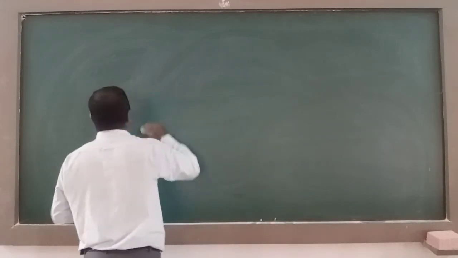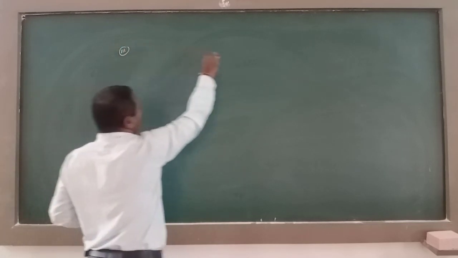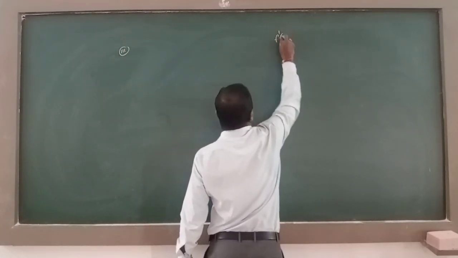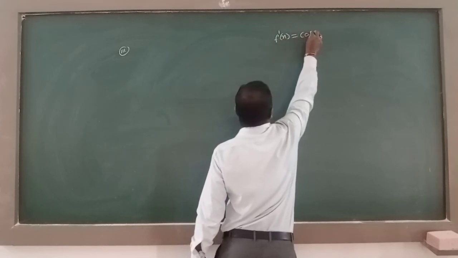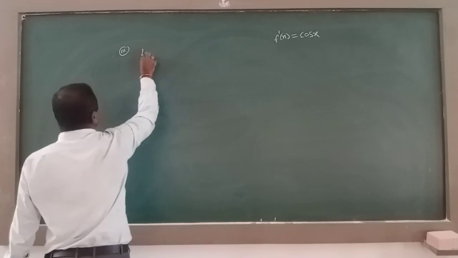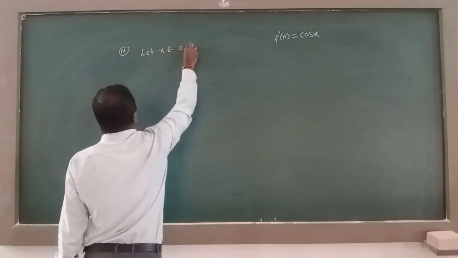Already we got f dash of x is equal to cos x. Now let x belong to 0 comma pi.